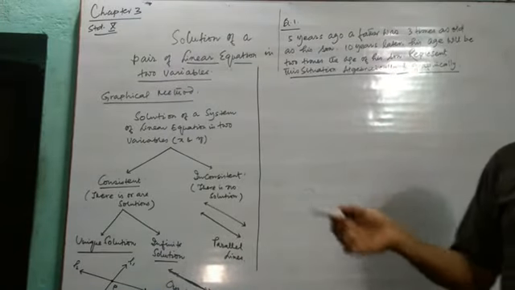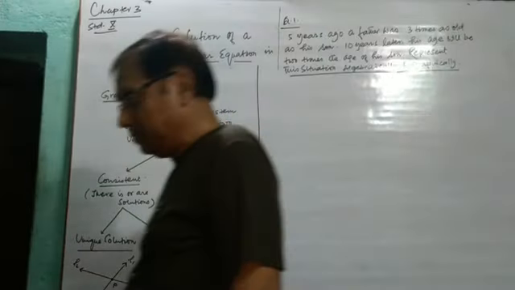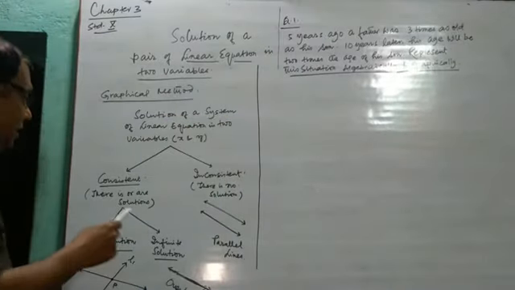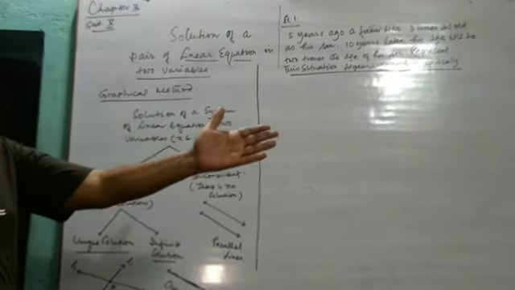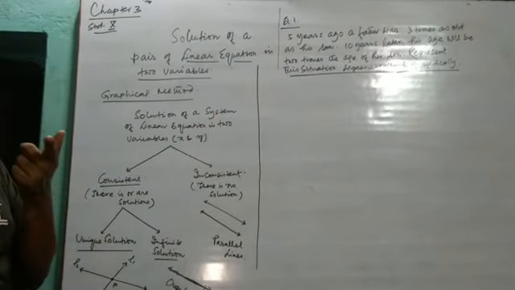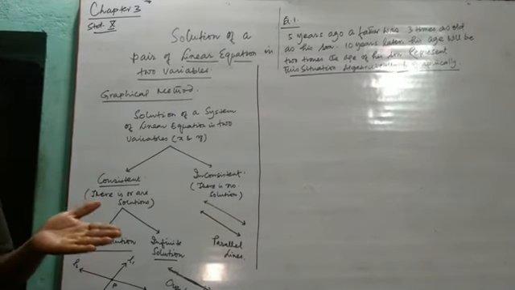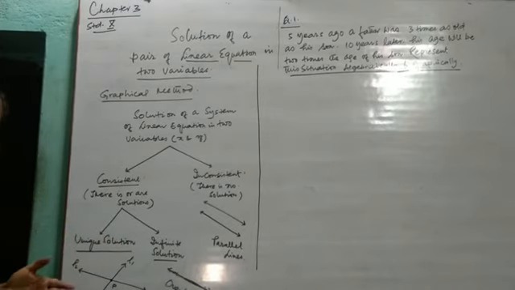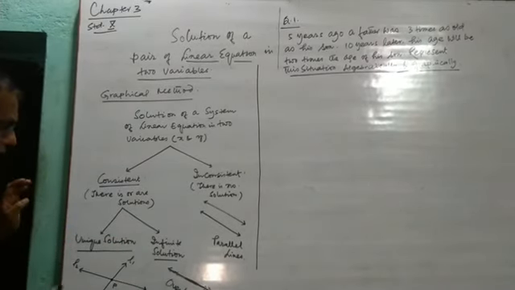So from the noun line comes the adjective linear, and it is the linear equation. When a linear equation is plotted on the graph, we get a straight line. So there will be two equations, and when both are plotted on the graph, we will get two straight lines.